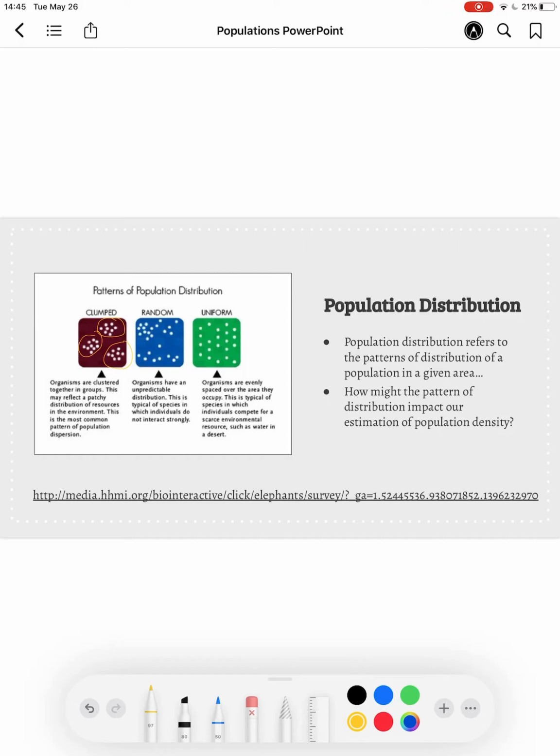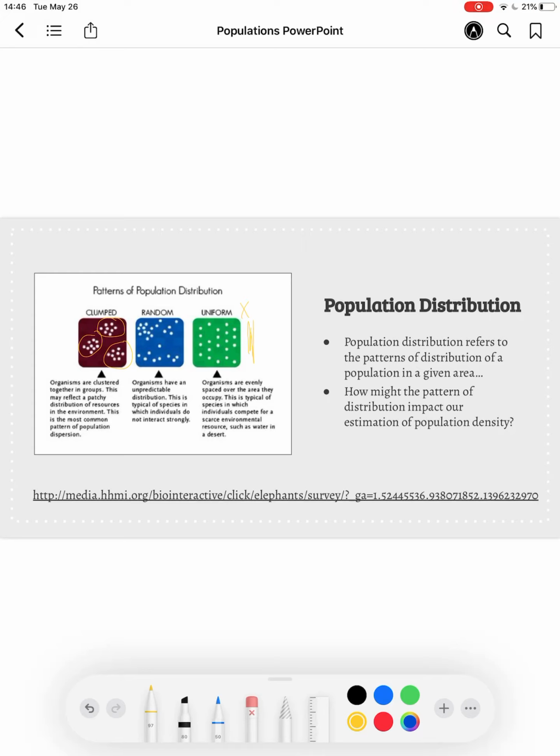It says here that this may reflect the distribution of resources. So there's water and all the species live around the water. There's a big field, and none of them want to live out in the field to get eaten by predators. So they tend to not necessarily be uniform like this. This is not really like real life. They tend to be more clumped because they need to be clumped around where they can get food and where they can get water and where they can get shelter.